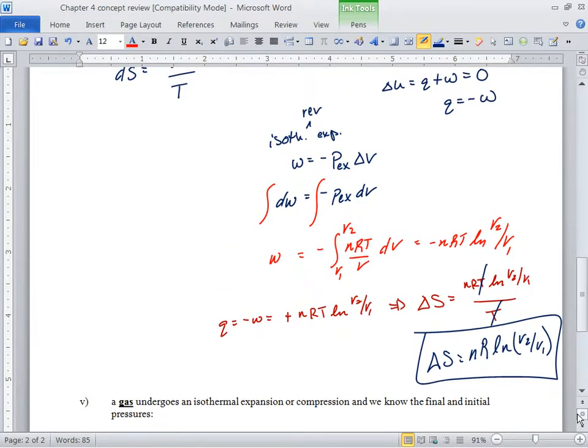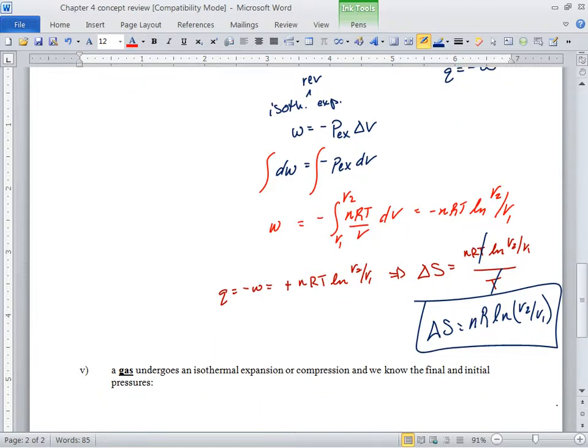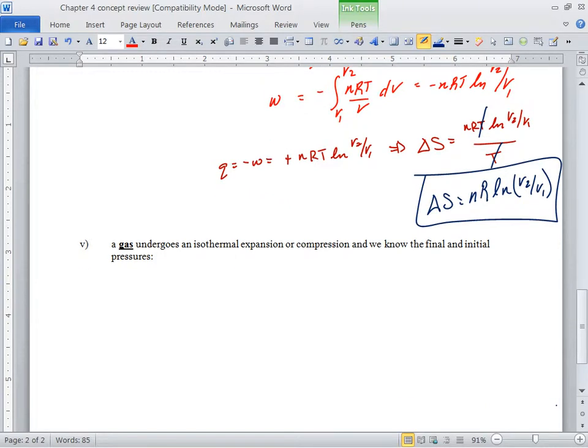What's the difference between 4 and 5? You have the volumes and you have the pressures. That's the only thing that changed. So what you're going to have to do for this one is go through all the same work, and you end up with this relationship.